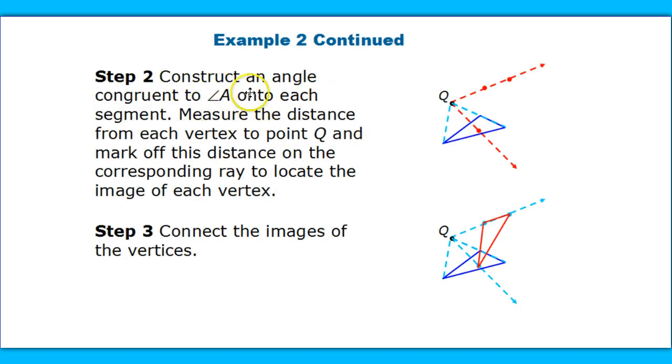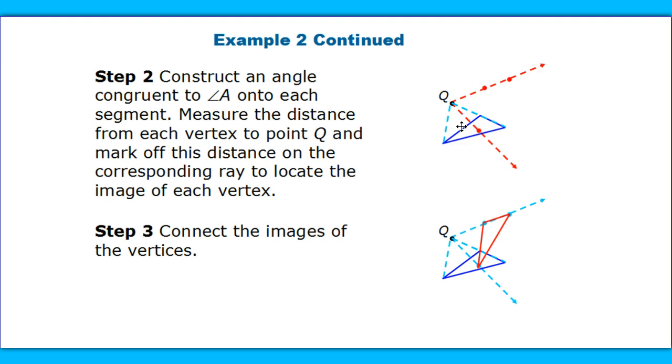So an angle is constructed equal to angle A on each of these segments. So we really only have two because these two vertices fall on the same segment here. So we have this angle, which is equivalent to angle A, and then we have this angle here, from blue to red, and from blue to red.